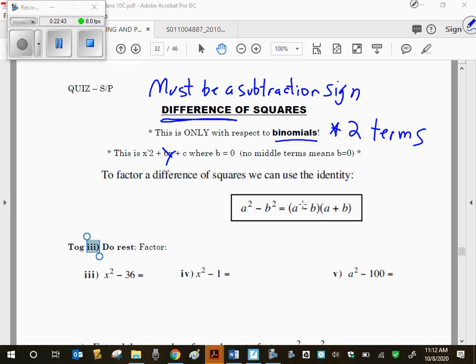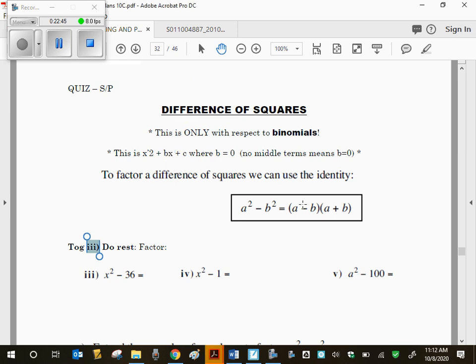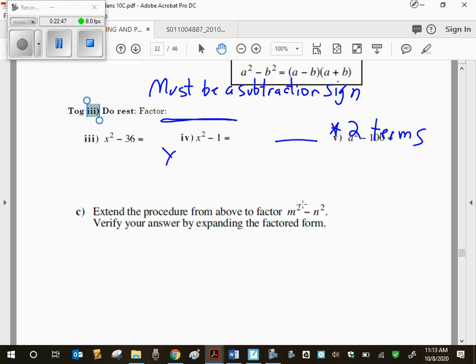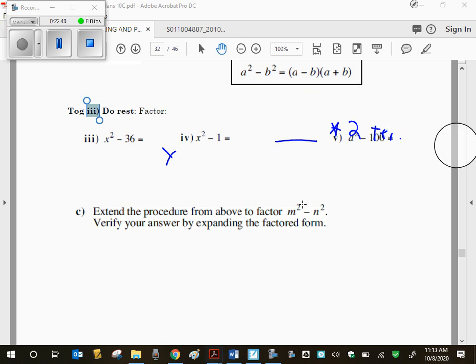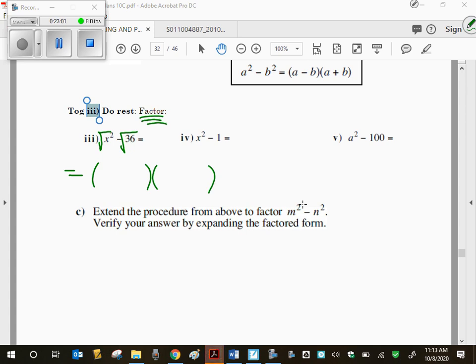Okay, next. Let's just simply do the third one. I'm only going to do one for you, and then you're going to get the hang of it immediately. So how you do these is you square root each term. What does factor mean? Create brackets. When you see x squared, you're thinking it's x times x. So the square root of x squared is x.